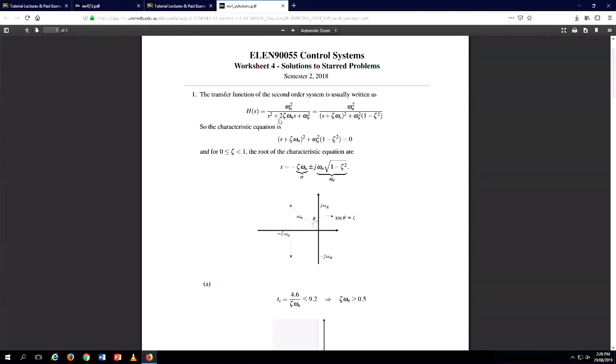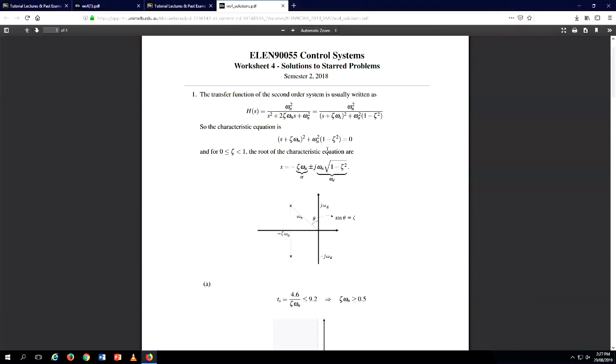If you set the denominator equal to 0 and solve for the solutions, you will get the poles. So the poles can be represented in this form, and this was done in the lectures, right? It's useful to repeat this because the formulas that we will present for rise time and settling time do use omega n, zeta, and omega d, sigma. So it's useful to remind ourselves what they are.